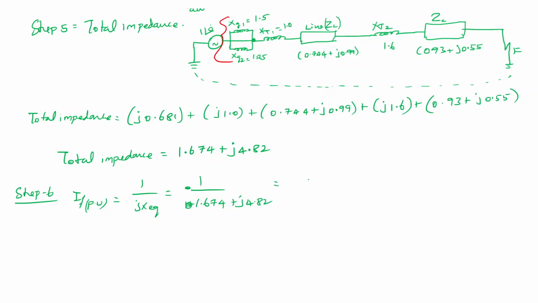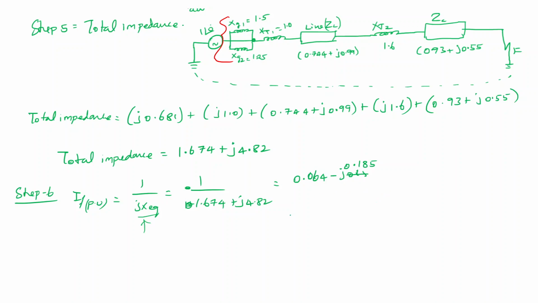What is the value you're getting? Here actually we are writing impedance, not reactance, because we are having the resistance value also. So 0.064 minus j 0.185. Very good. This is the per unit value I'm getting.